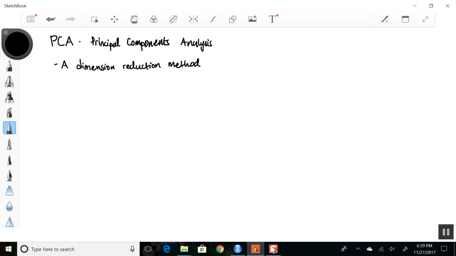One way to think of it also is what PCA tries to do is basically pick out structure in the data. A way to identify structure in the data.